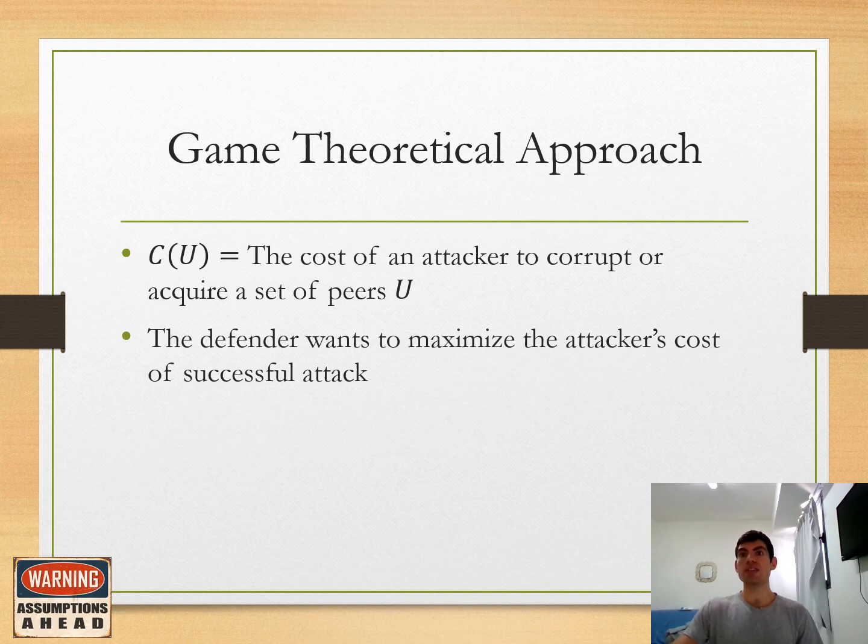Another example, and this is our main example, is that it is hard for the attacker to create peers that have very different IPs. In particular, it costs less to create two peers with IP addresses that share the same /16 prefix, which are the first 16 bits, rather than create two peers with different /16 prefixes.